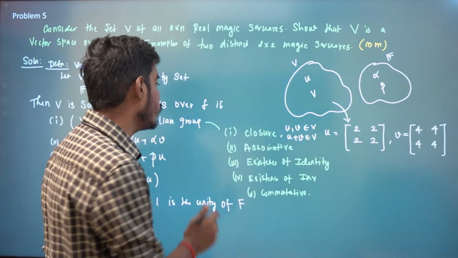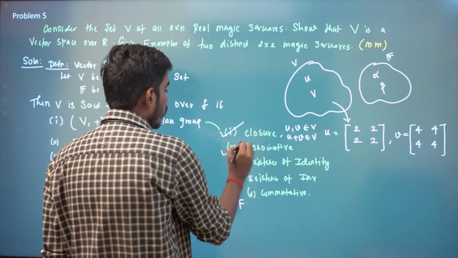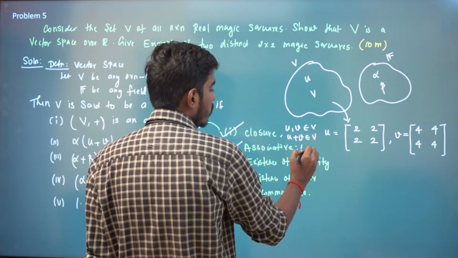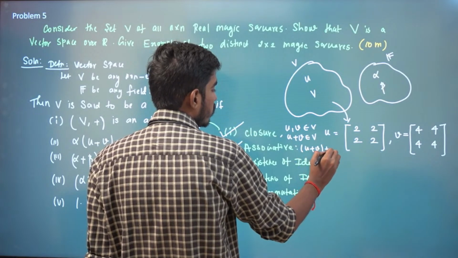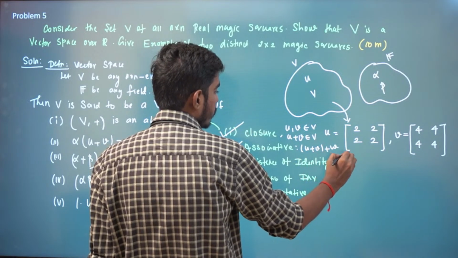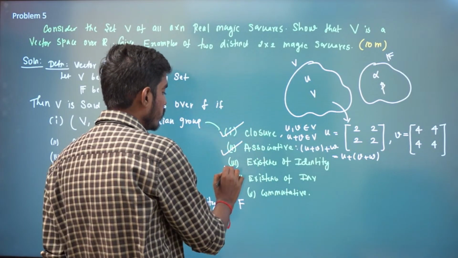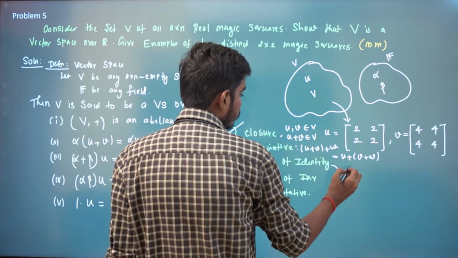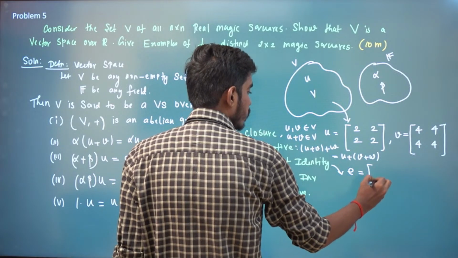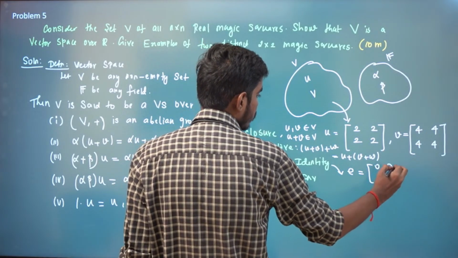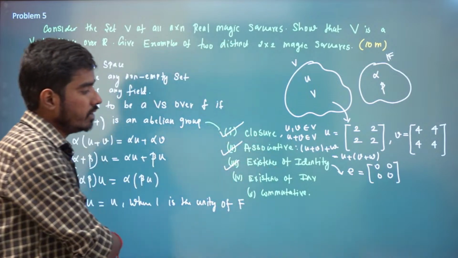So that means it satisfies the closure property, and it will also be associative, right? That is, U plus V plus W is the same as U plus V plus W, however grouped. And existence of identity: what will be your identity element? 0, 0, 0, 0 is a magic square, right?